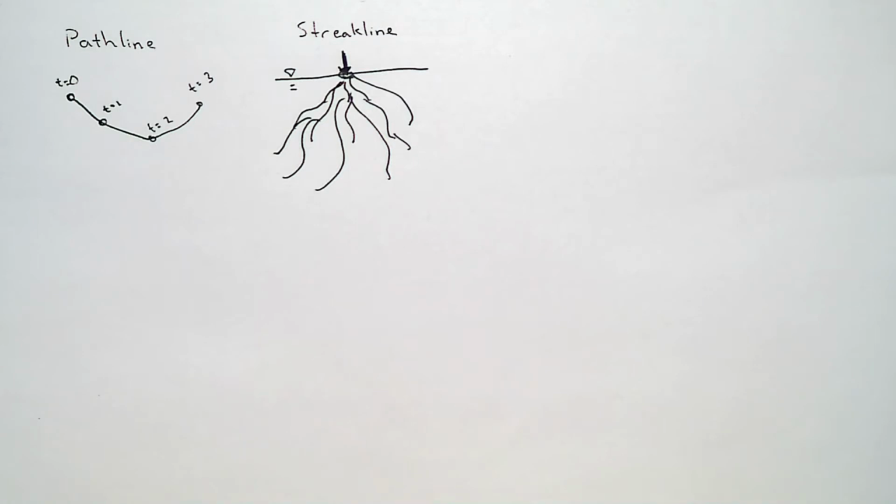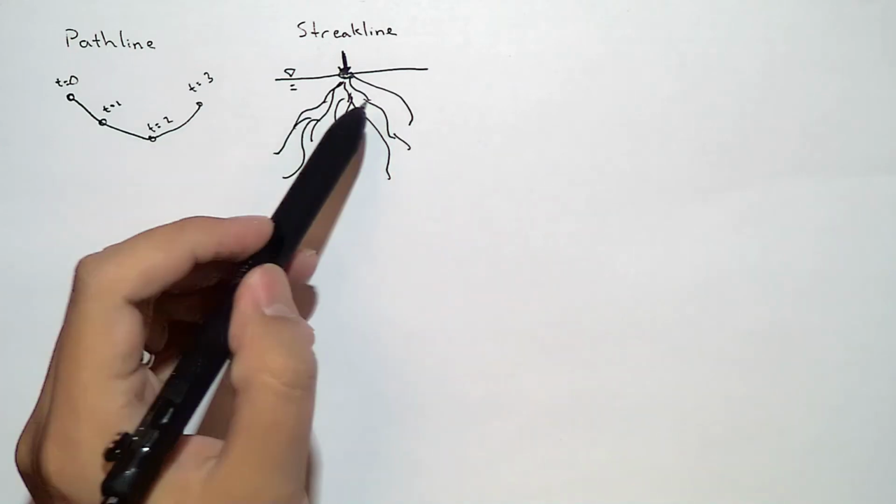Because... Sorry? How is this different from tracking every single particle? Because we're only identifying particles that pass through one point specifically. So when we're looking at a system as a whole, let's say we want to study mixing from an oil spill in the Gulf of Mexico. Instead of trying to look at every single water particle, because we need to know the properties of the water to understand the properties of mixing with oil, what we're actually going to do is study the oil particles only.